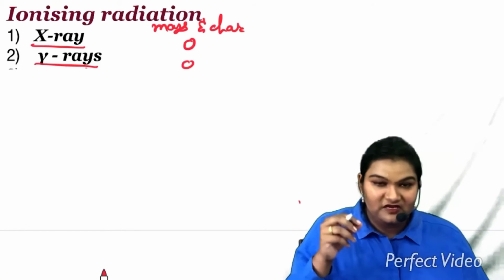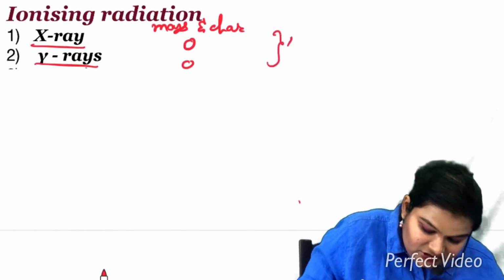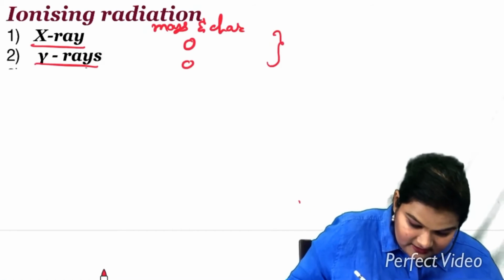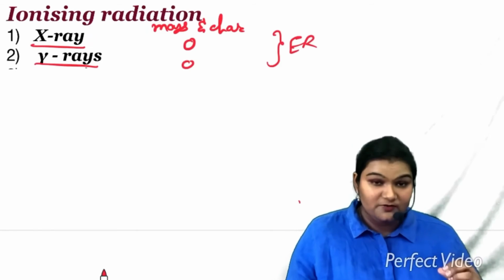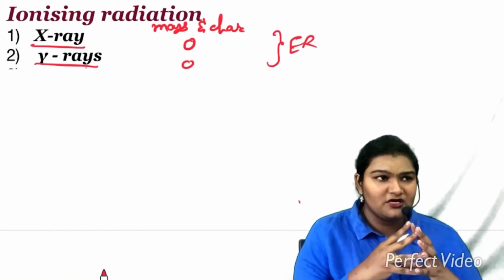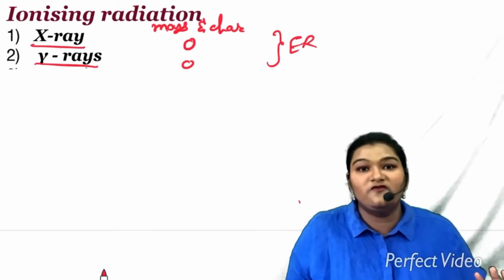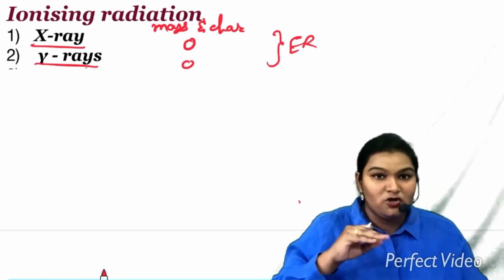Both are traveling photons, right? And they both are electromagnetic radiations. I will write ER for that: electromagnetic radiation. Now the most important, or instead of saying most important, we can say the only point of difference between the X-rays and the gamma rays. Otherwise everything is the same. No charge, no mass.